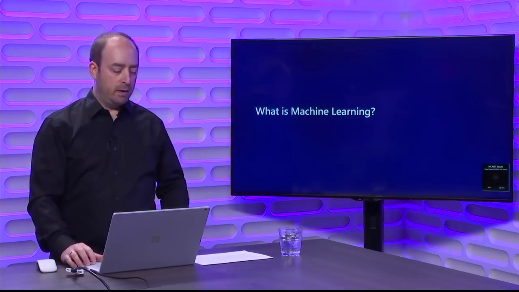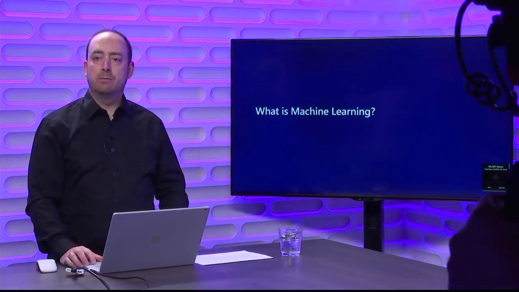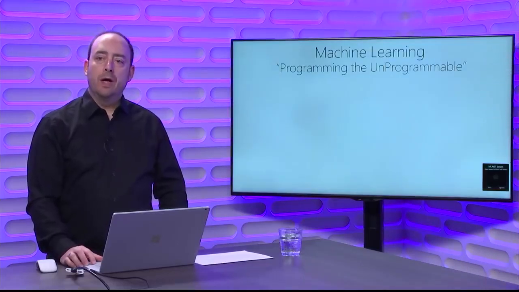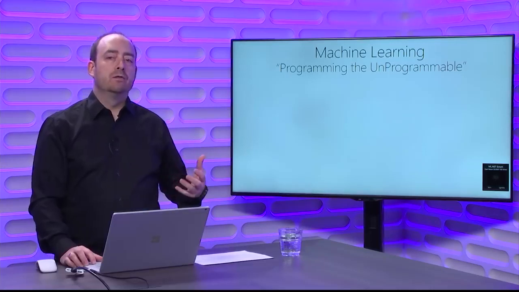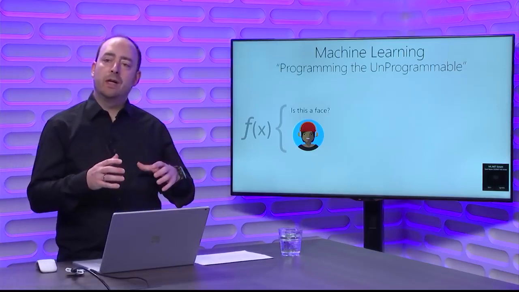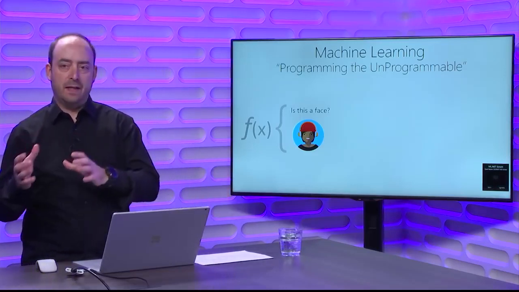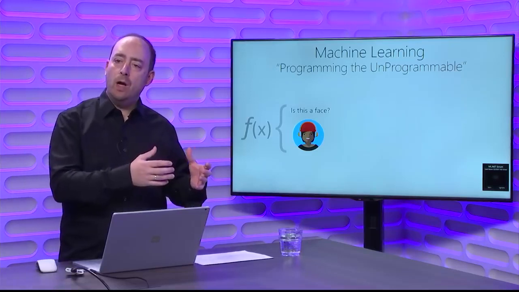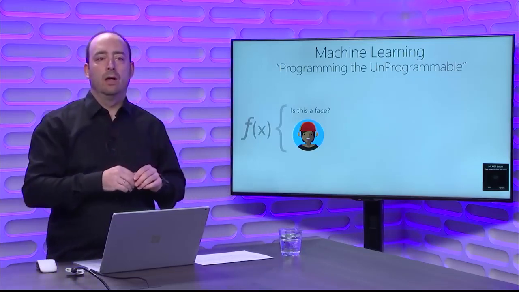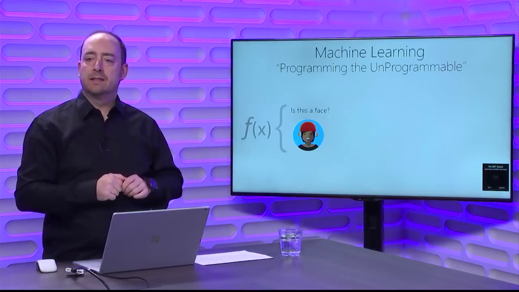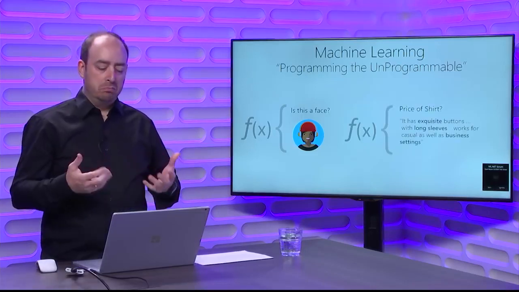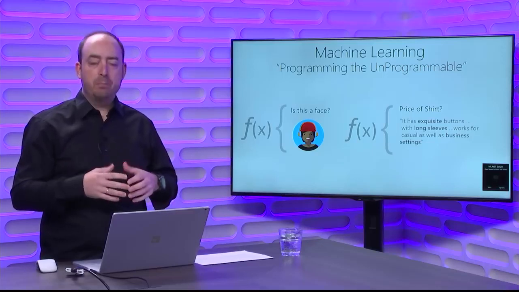So let's start, very briefly for people that just came to this session, with what is machine learning? Basically, machine learning is a way to create functions that were very difficult to do with traditional programming. So for instance, you could create a function to identify objects, like whether this is a face or not. If you were doing that in a traditional way, it would be very complex, like trying to identify if it has a mouth or eyes, etc. Another example would be you want to say what's going to be the price of a shirt.